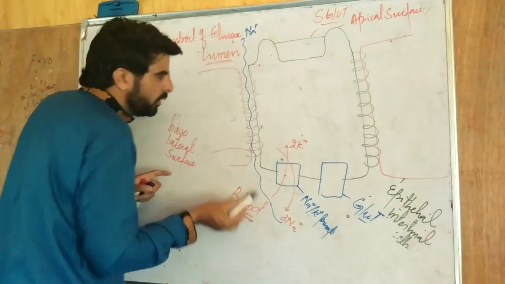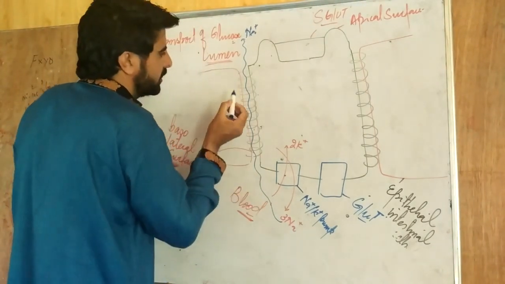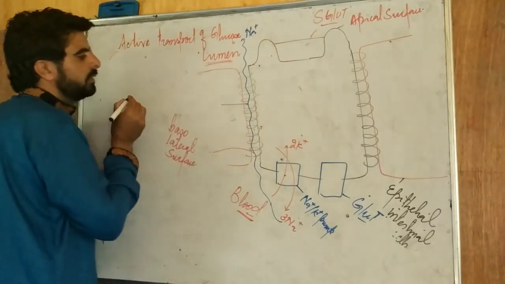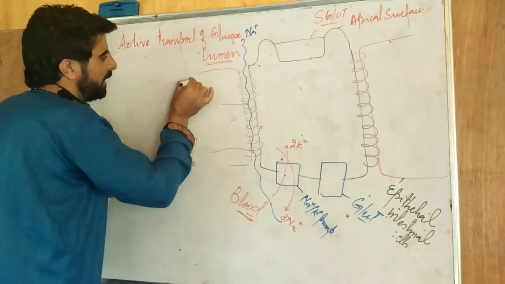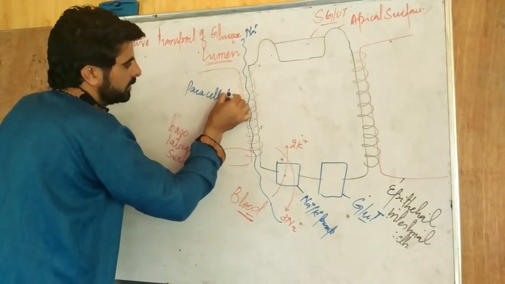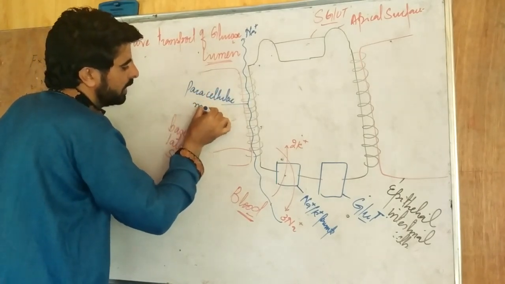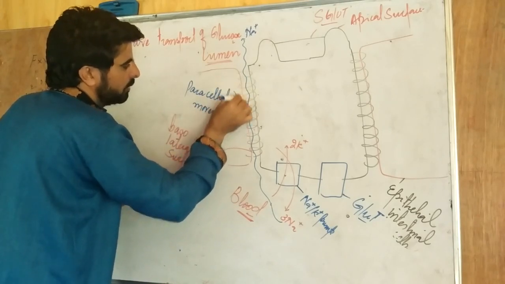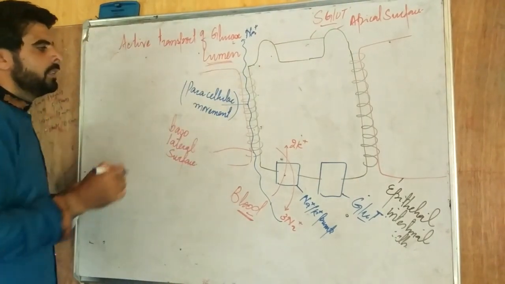And if the ions are moving through this space of the tight junction, then we call this movement paracellular movement. So if anybody asks you, what is paracellular movement? It's simply the movement through the tight junction.